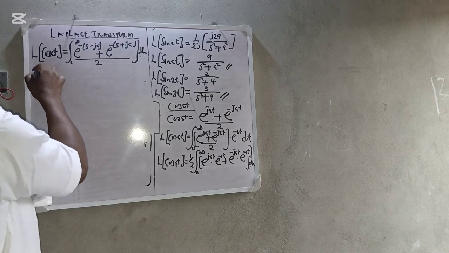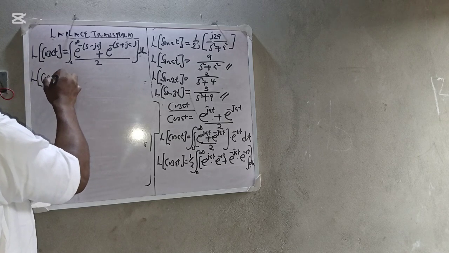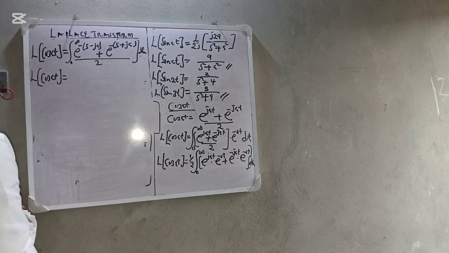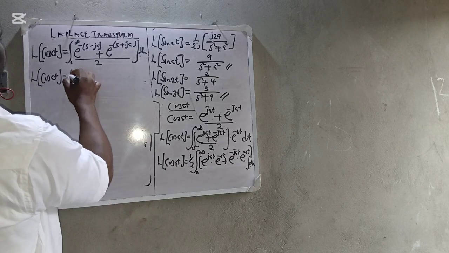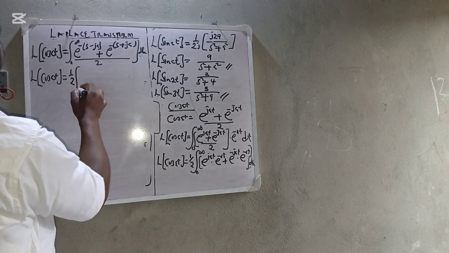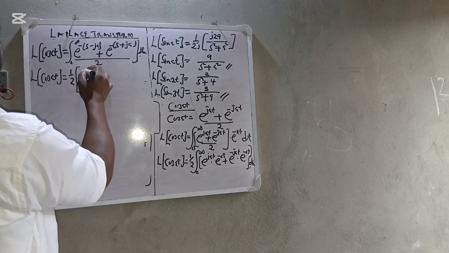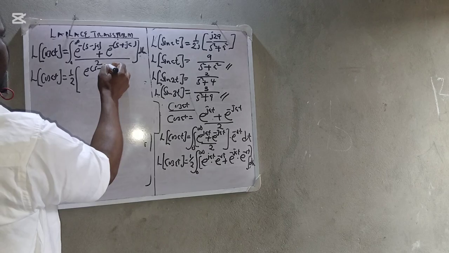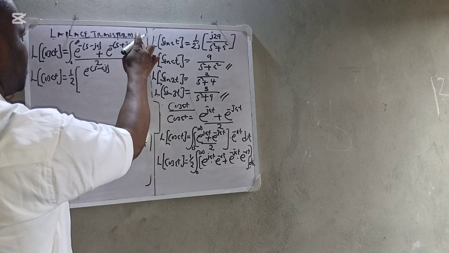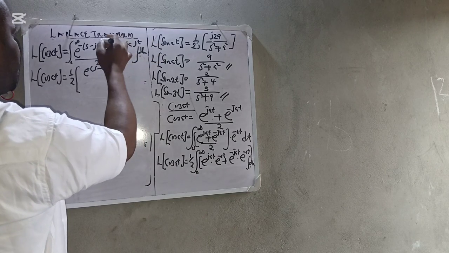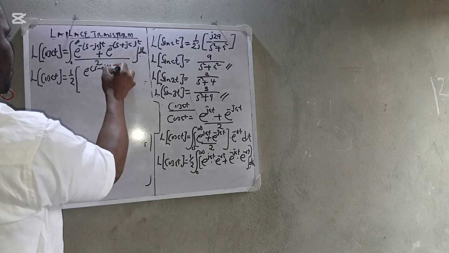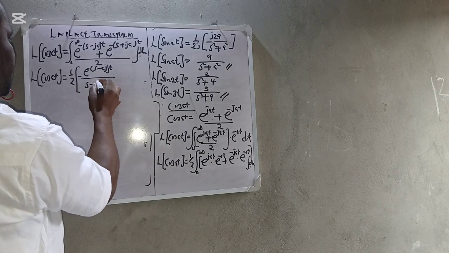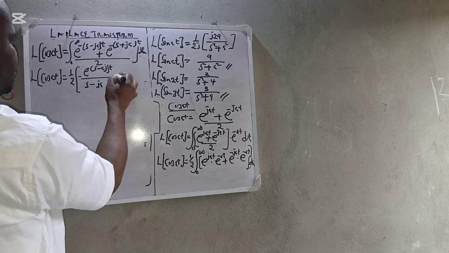So actually we come to realize that the Laplace is actually 1 over 2 divided by exponential this. This include 2 divided by minus is 2. So this is plus.